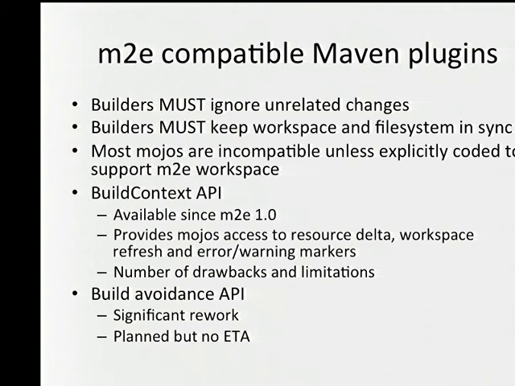Okay, so the question is whether a feature introduced in Eclipse 3.6 or 3.7 to keep the workspace and file system in sync helps or not. The answer is that it doesn't help, because this is essentially a background job that runs asynchronously, and you have no control over the timing of when it happens.